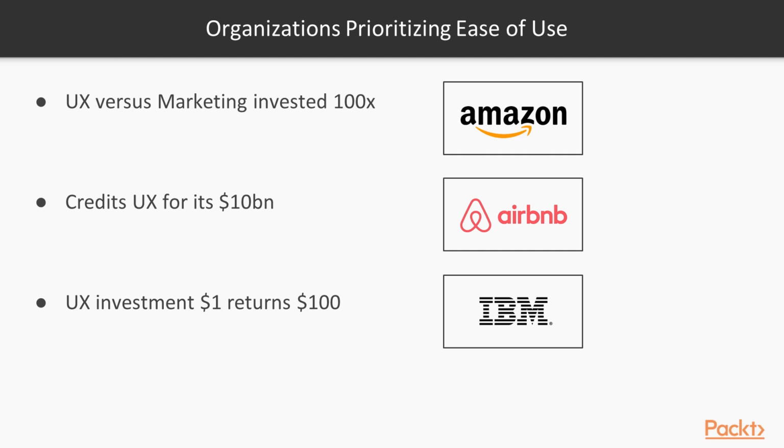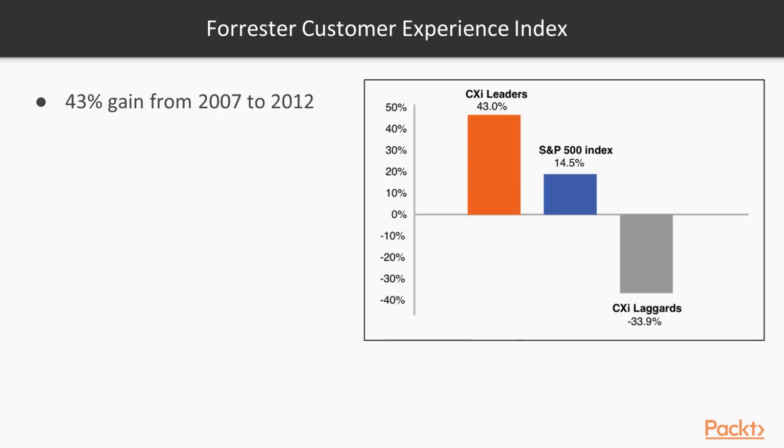But what about from a monetary perspective? Forrester, a research group, created a stock index where they compared customer experience leaders in the market with the laggards, those who weren't investing in customer experience. Tracking from 2007 to 2012, they noticed a 43% gain.